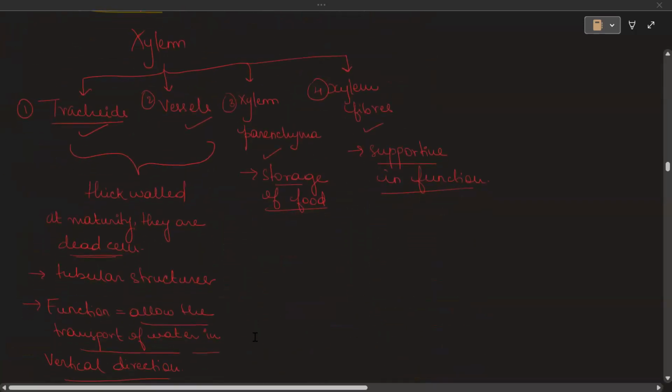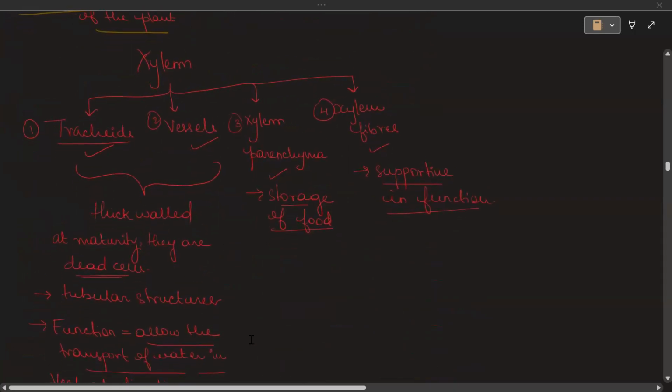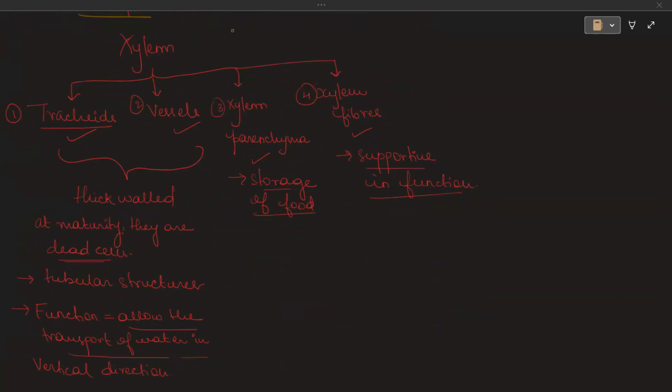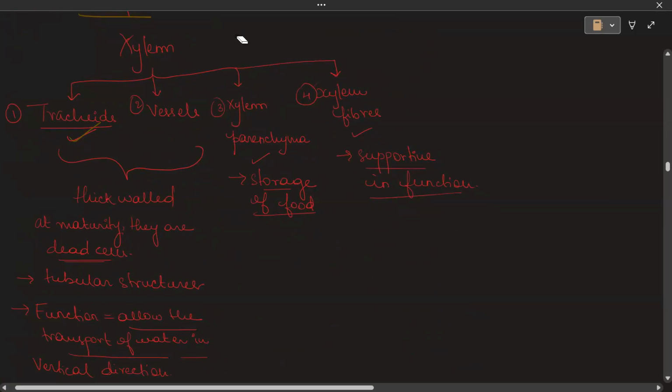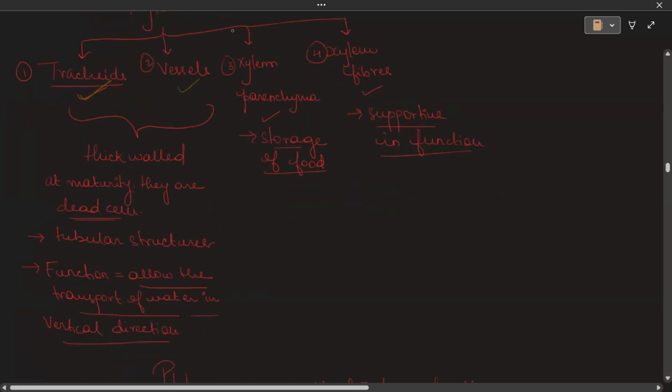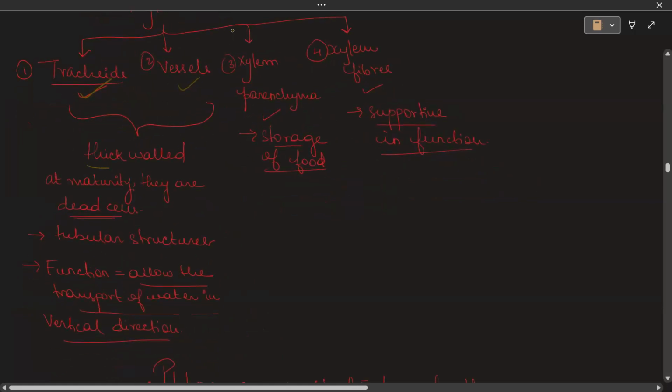So talking about the xylem, it has certain components associated with it. There are four components of the xylem. The first one is the tracheids, then there are the vessels, then the xylem parenchyma, and ultimately the xylem fibers. The tracheids and the vessels both have thick walls, and at maturity, they are dead cells.